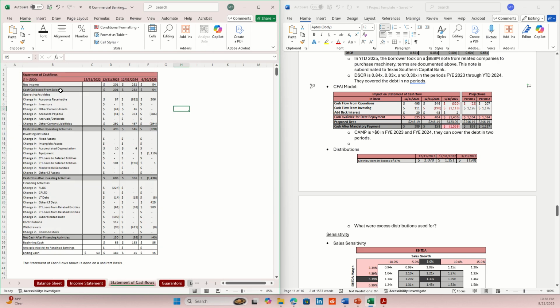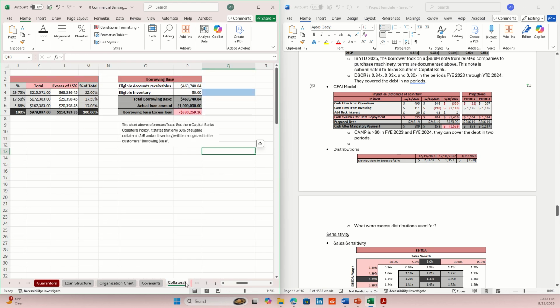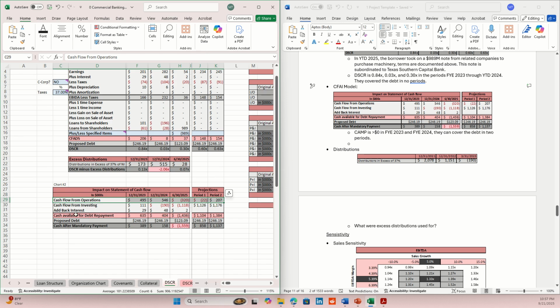So if we go to their statement of cash flows, their cash flow after operating activities and their cash flow after investing activities, we combine those two so that we can get cash available for debt repayment, CFAI, which is cash flow after investing activities. We add back interest for the same reason that we add back interest here. We calculate the proposed debt, and then we subtract this with this, and then we get this. I hope that makes sense.